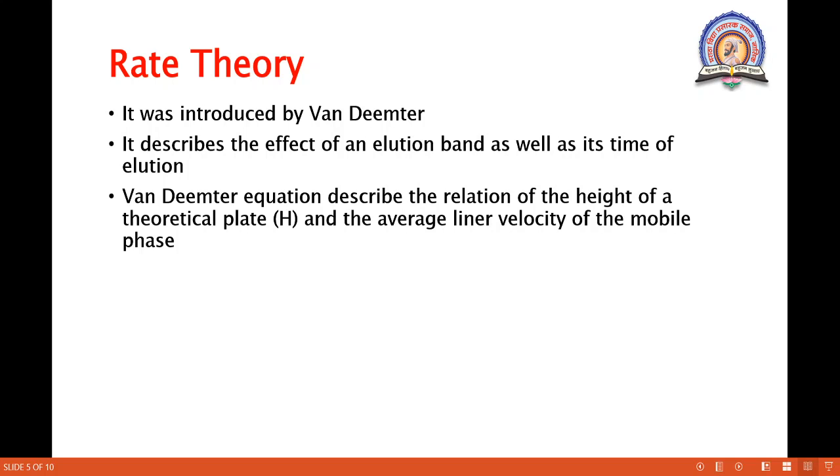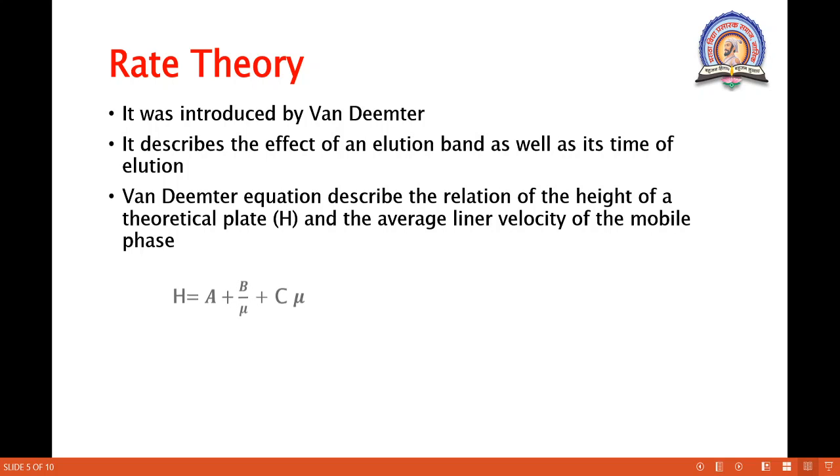The Van Deemter equation described the relation between the height of the theoretical plate, denoted by the letter H, and the average linear velocity of the mobile phase.